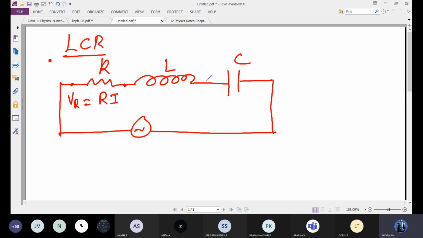And for the inductance, VL is equal to XL I. XL means inductive resistance, just as R is the resistance. And VC is equal to XC I.